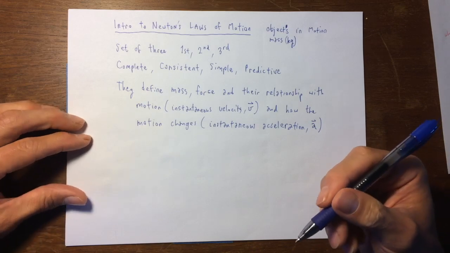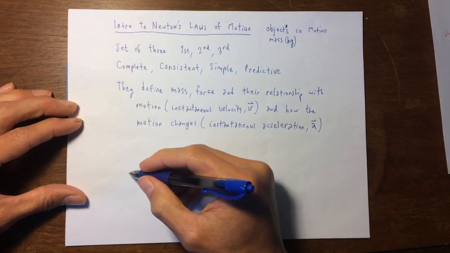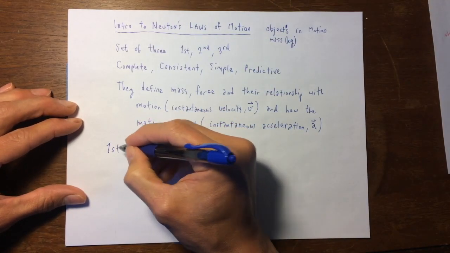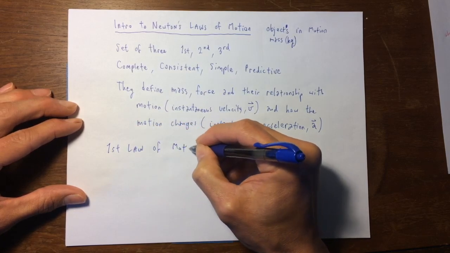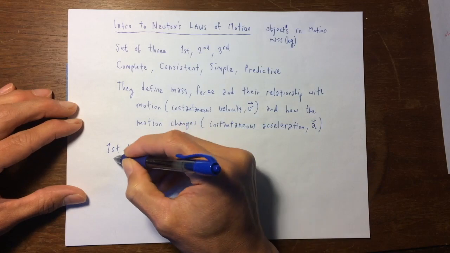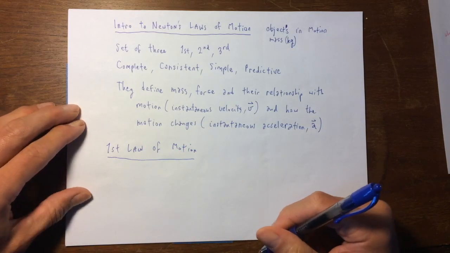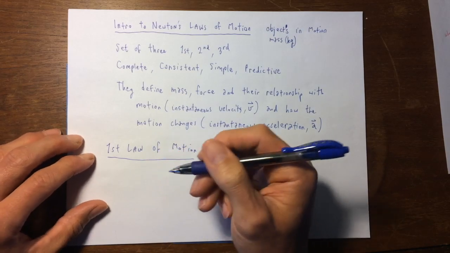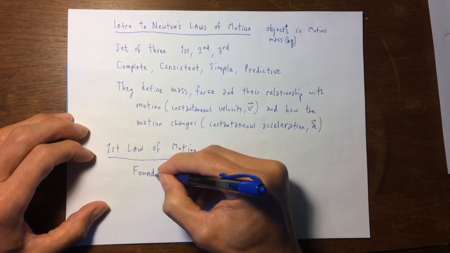So after this introduction, I'm going to start describing the first law of motion, the first of the three. The first law of motion, a lot of people say, and I agree, is a foundational statement.